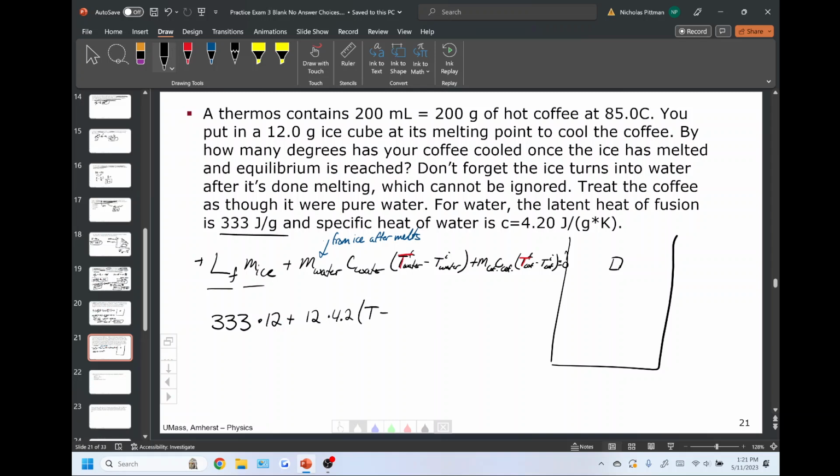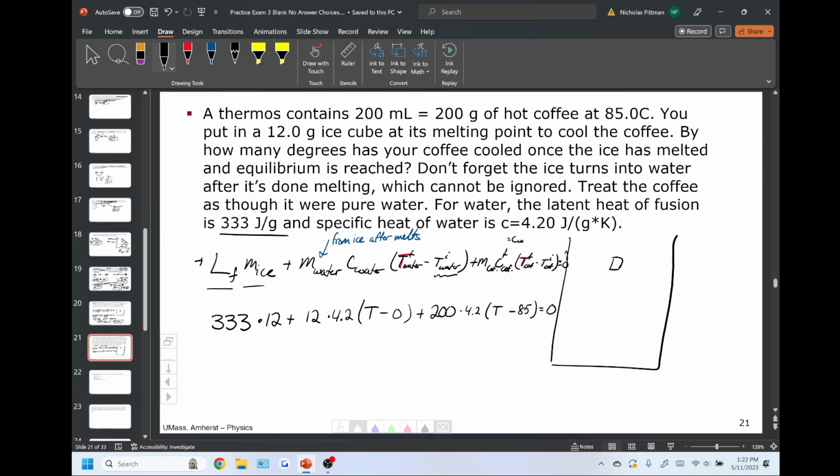T initial for the water is 0 degrees because it comes from ice. Right? Immediately after ice melts, the water that comes out is just barely at the freezing point, so it's at 0. There's 200 grams of coffee. Again, C for coffee is, because coffee is basically water, 4.2 again. T is the variable, and T initial for the coffee is 85.